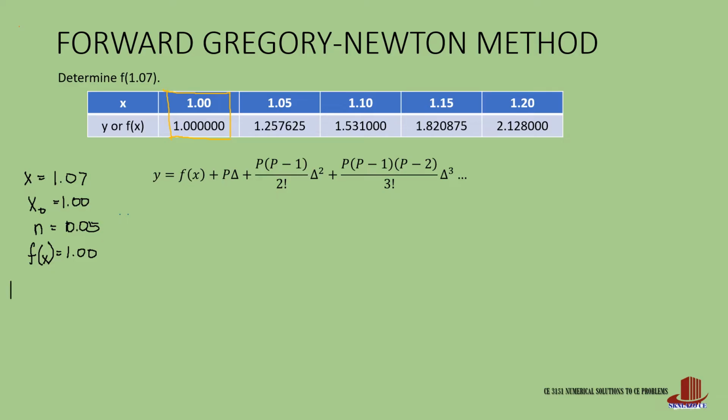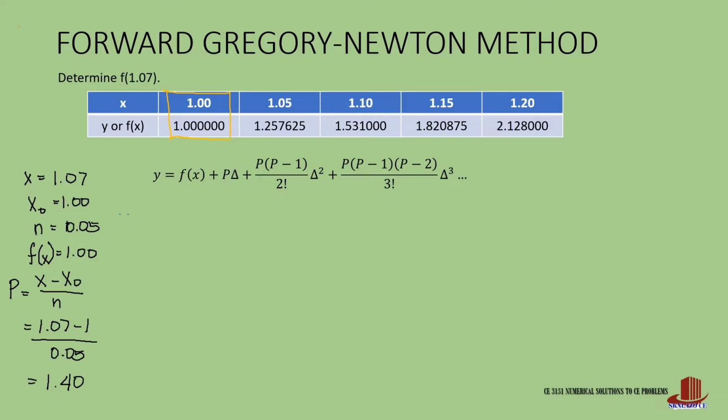Take our value for p. Still going to be x less x naught all over n, which would be 1.07 minus 1 all over 0.05, which would be given this time as 1.4.